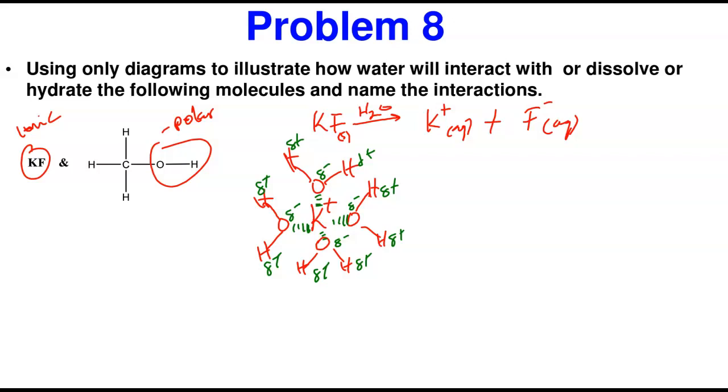For the fluoride, again, it will be surrounded by the hydrogen atoms of water. So this is what we're going to get here, and then I'm going to put those bonds. It's going to be this will go here.